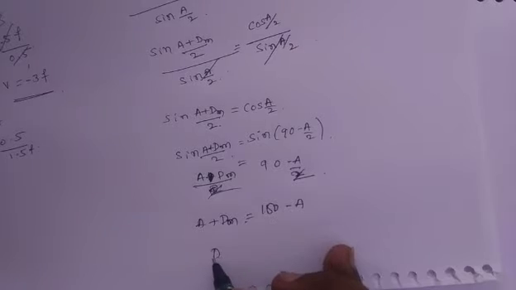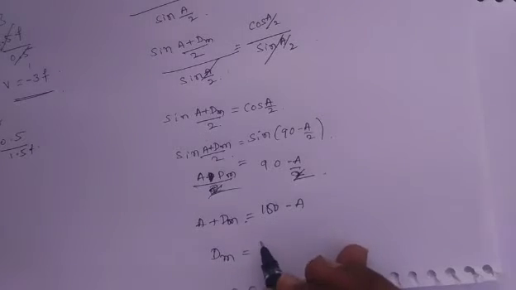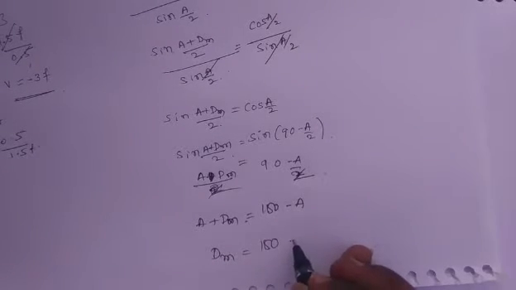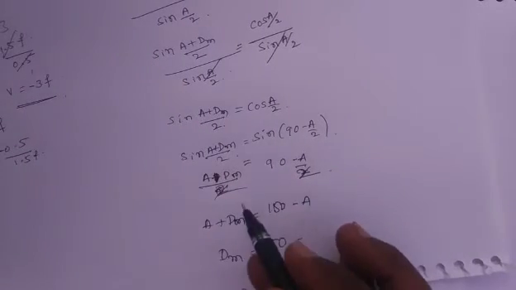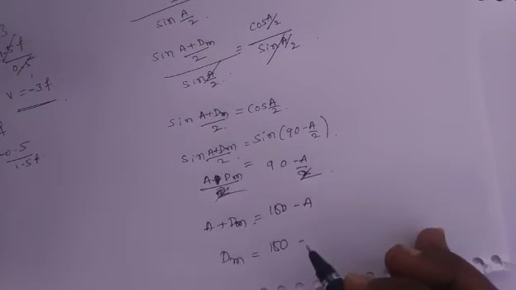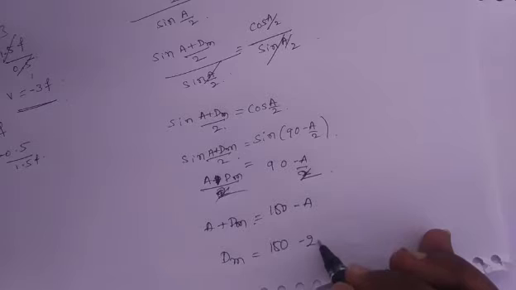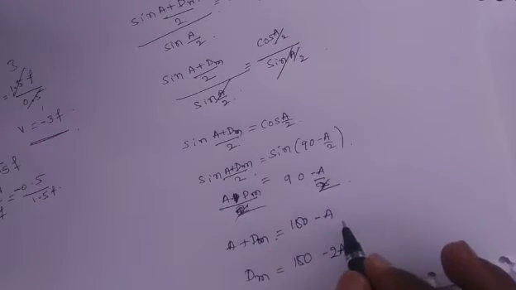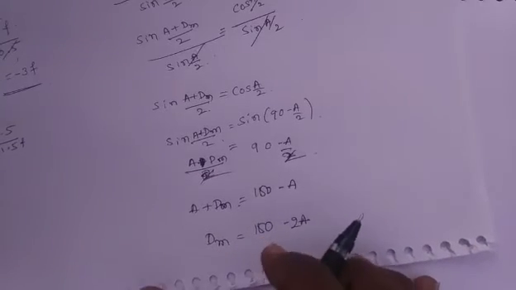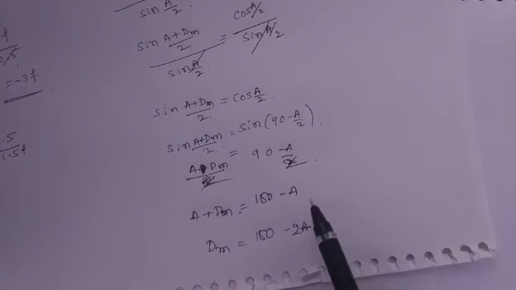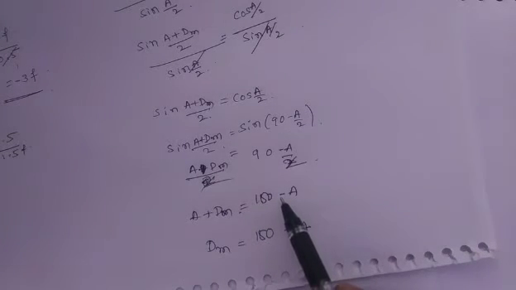So the minimum angle of deviation is equal to 180 minus A, and minus A already there, so minus 2 times A. So the minimum angle of deviation is equal to 180 minus 2A.